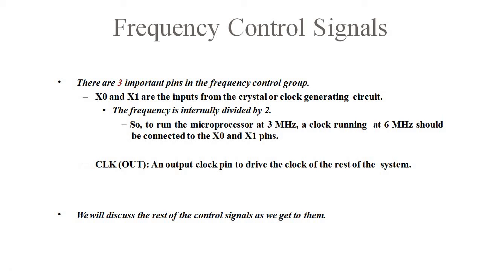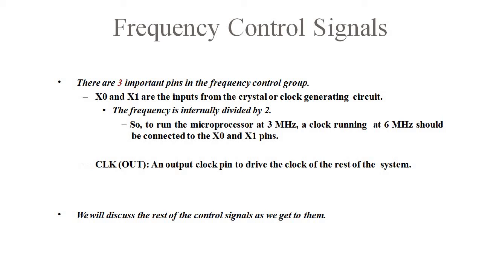Now frequency control signals. There are three important pins in the frequency control group. X0 and X1 are the input from the crystal or clock generating circuit. The frequency is internally divided by 2.